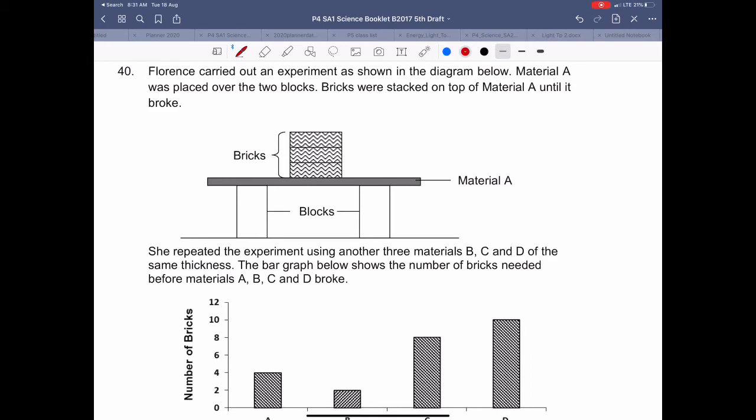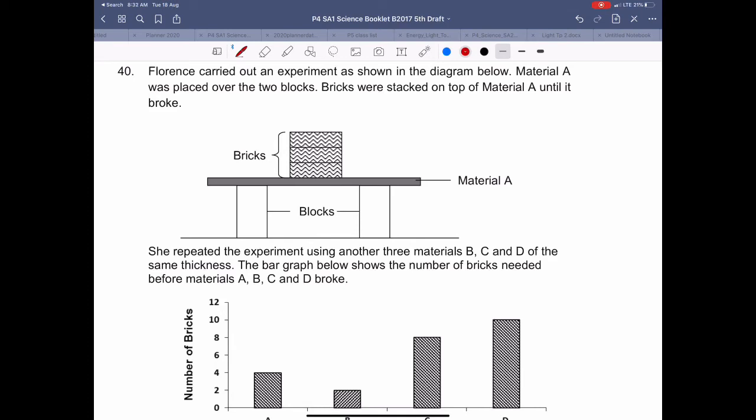In this case, the topic is materials, and I already know that it's testing me on the property of strength. In strength, we know that it does not break easily. It can hold the most amount of weight without breaking. The stronger the material, the more weight it can hold without breaking.